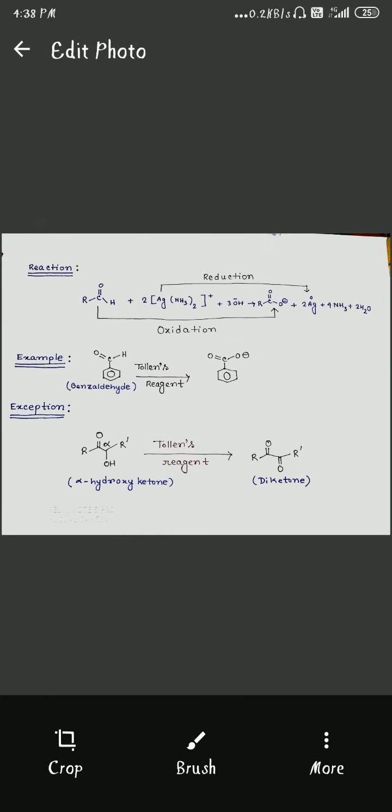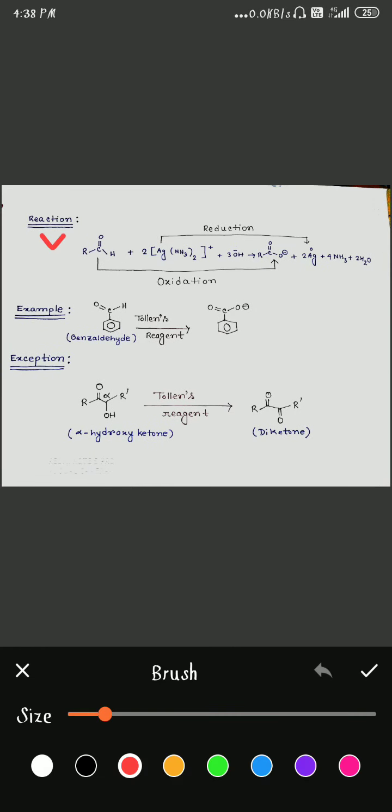Now the whole reaction is here, showing how the aldehyde reacts. The aldehyde is oxidized to the carboxylate, and the Ag+ is present in the Tollens reagent.